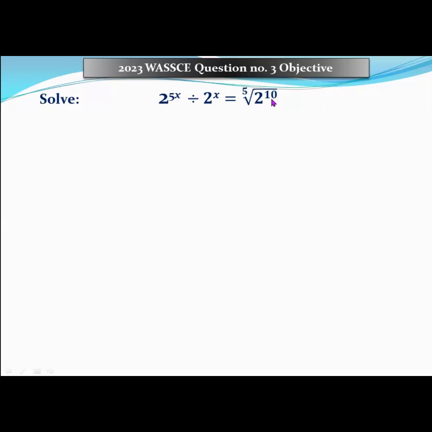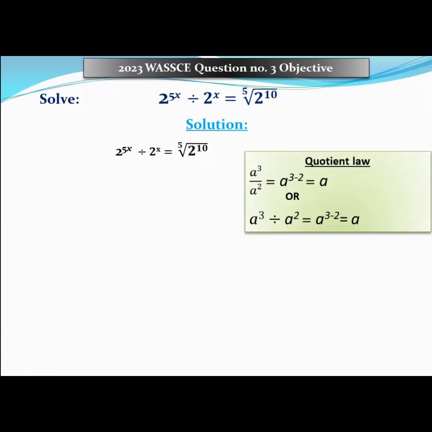Now, you note the right steps that you need to take for you to have the value of x. What can you do now? You need to remember the rules that govern indices, or this kind of question.